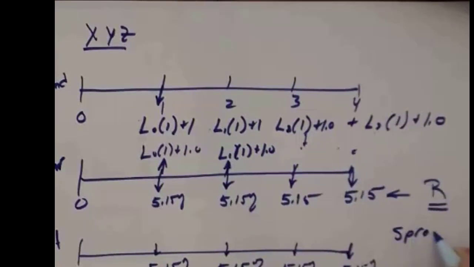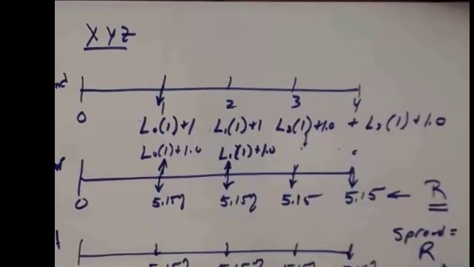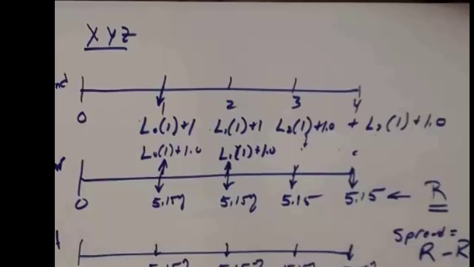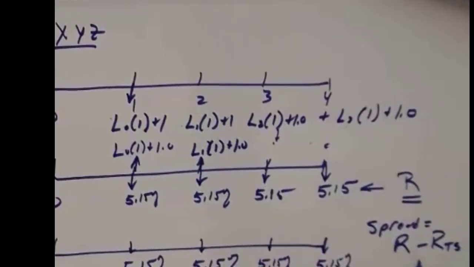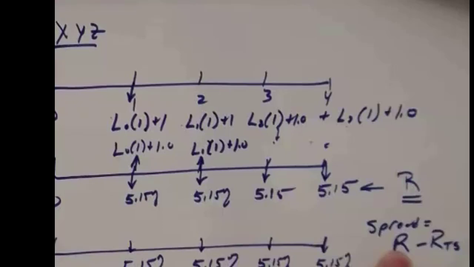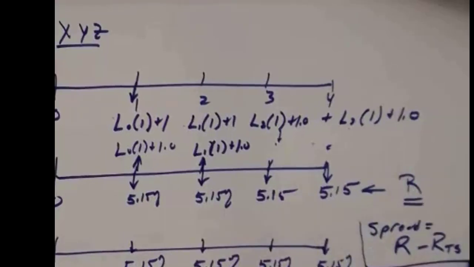The swap's spread is equal to R, the rate from the swap, minus the rate of a treasury bond with the same maturity as the swap. So the spread is the interest rate on the swap minus the treasury rate for the same maturity. In this case, it would be a four-year treasury versus the 4-year swap fixed rate. And those are called spreads.